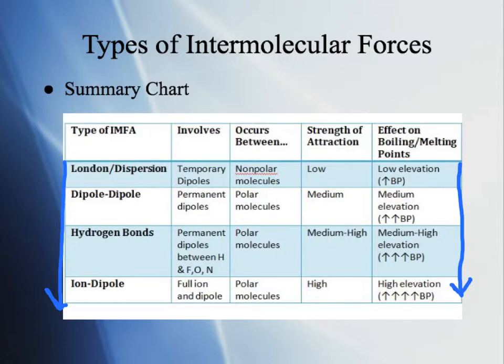It's going to increase the temperature at which the water boils, because we have to break up this attraction between the water and those sodium and chlorine ions to even let the water evaporate. So it's definitely going to increase those melting and boiling points.